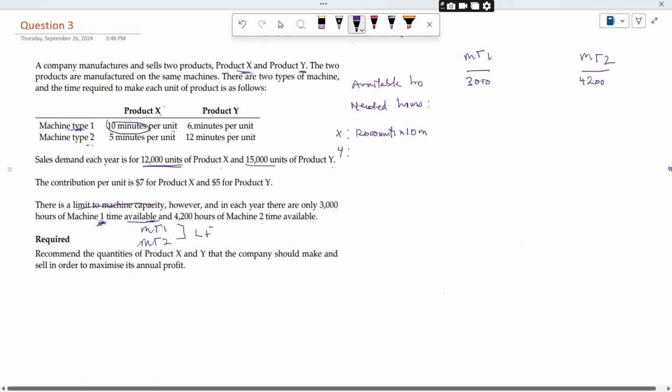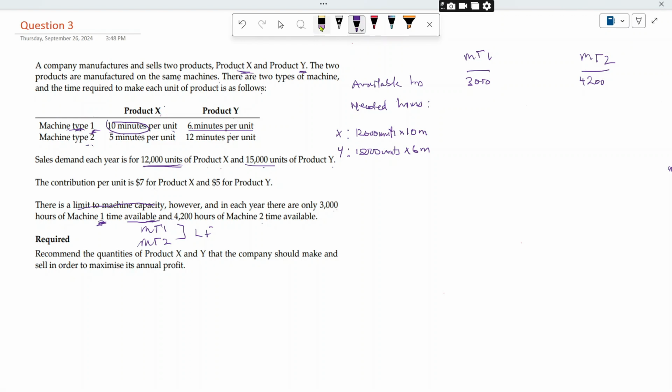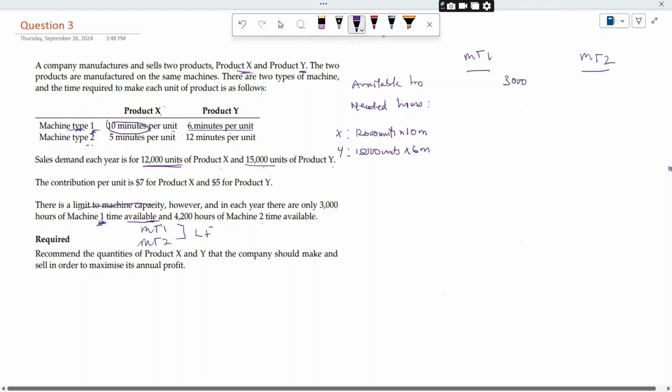Now, product Y, we have to produce 15,000 units to meet the sales demand. So 15,000 units times how many minutes? 6 minutes per unit on type 1. So 6 minutes. Great. Now, let me put this one here so that it will align very well. So here is 3,000 and 4,200.